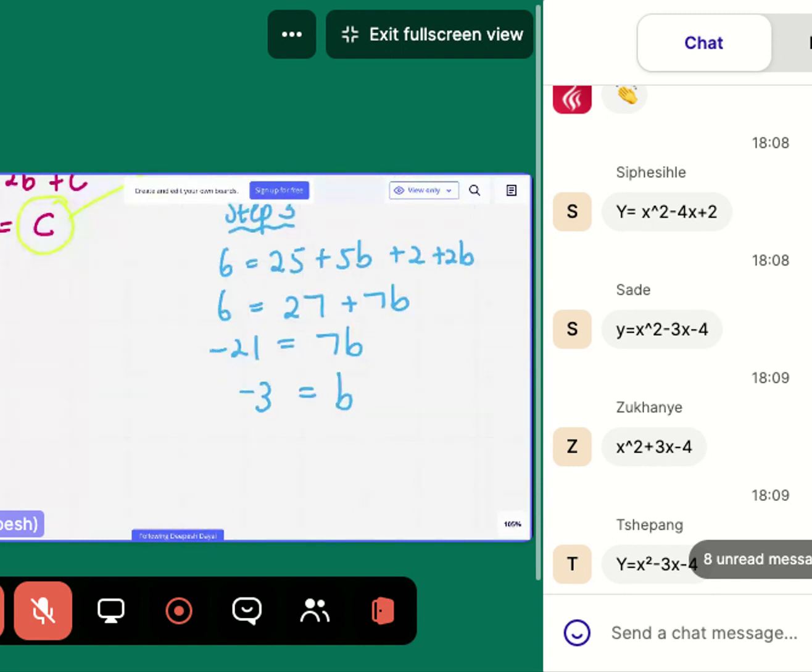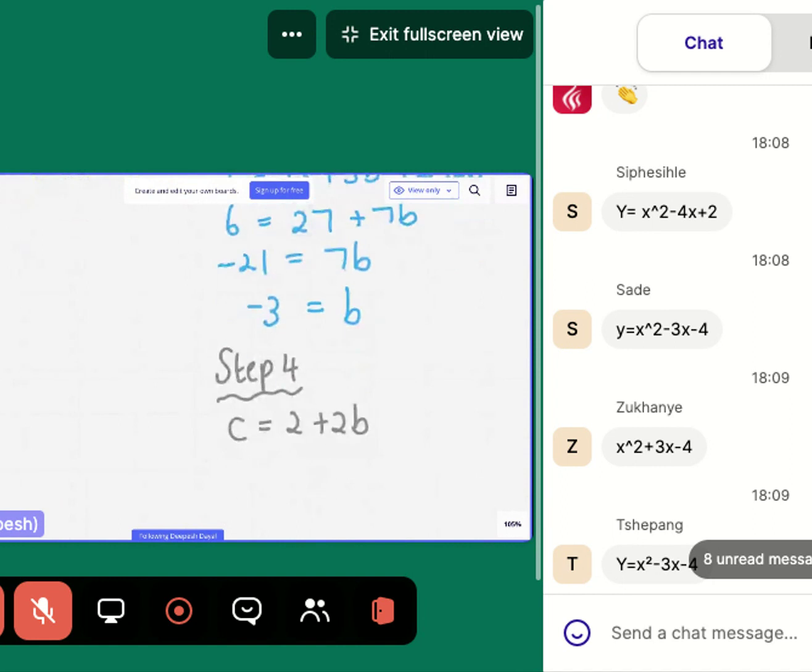And then lastly, we're going to find c. Let's do that in another color. So we say step 4. We had c equals 2 plus 2b, which is c equals 2 plus 2 times minus 3.